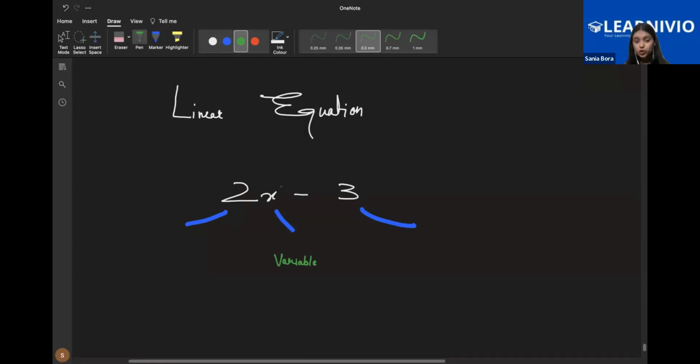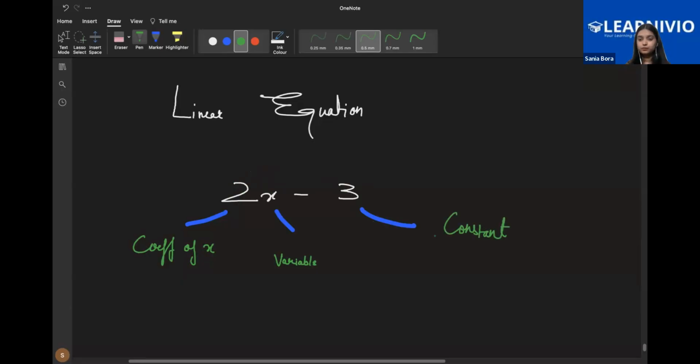And this 2, which is attached to a variable, is called the coefficient of x. Clear? See, this is also a number and this is also a number, but this number is attached to a variable, so we say it is a coefficient of the given variable. And the number which is all alone is called a constant.